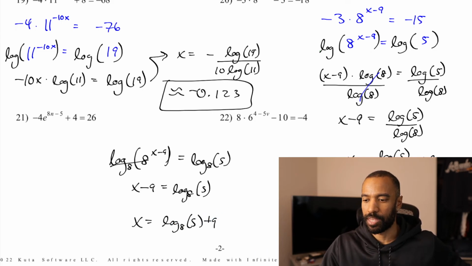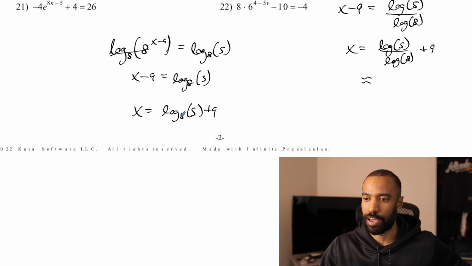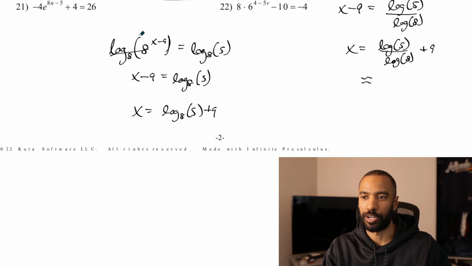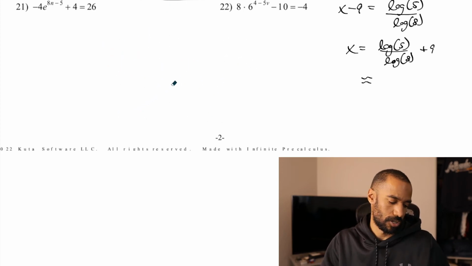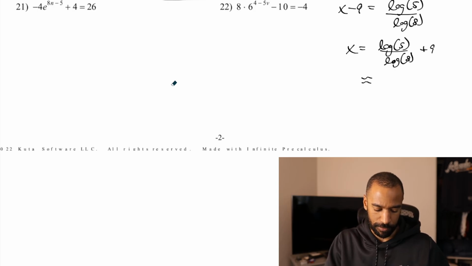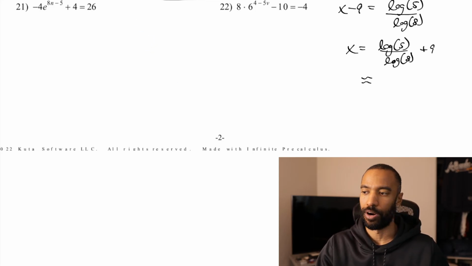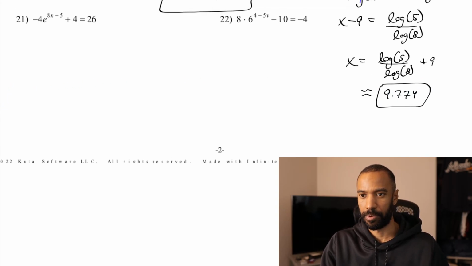So this is the same thing as log of 5 over log of 8 plus 9. That plus 9 just comes after. This is what we're going to type in the calculator: log of 5 over log of 8 plus 9. And we get 9.774. A bigger number than we're used to.